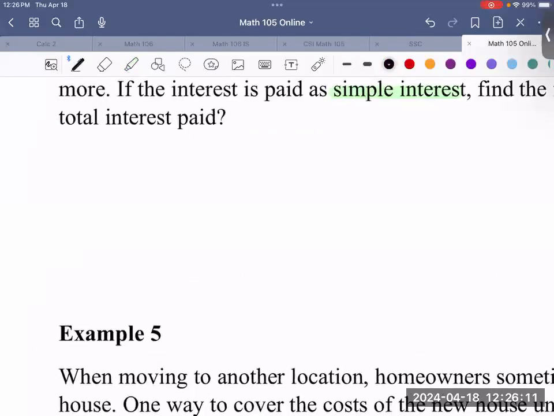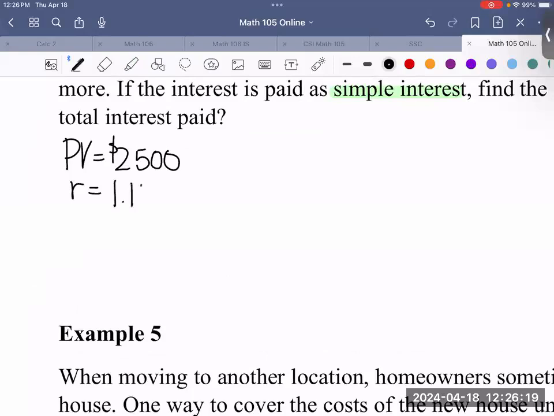So they have told us that right now in our bank account, we have $2,500. We have a rate of 1.10%. And this is per year, which then converts, again, moving it over twice, to 0.011. If you wanted to tack on the 0 following, that's okay.